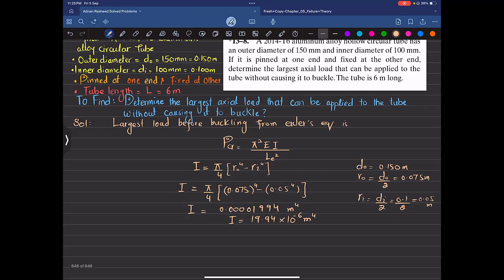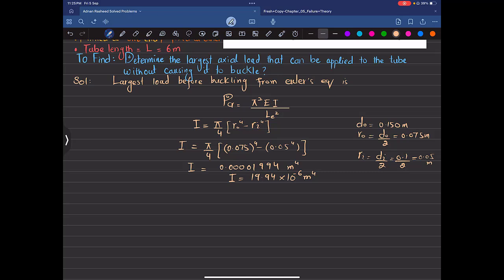Now we have this I. We will also find the area, because this will be used in validation of the answer. So the area of the circular cross section is pi times r outer square minus r inner square. Just plug in the values: pi multiplied by 0.075 square minus 0.05 square, and the unit will be square meter.